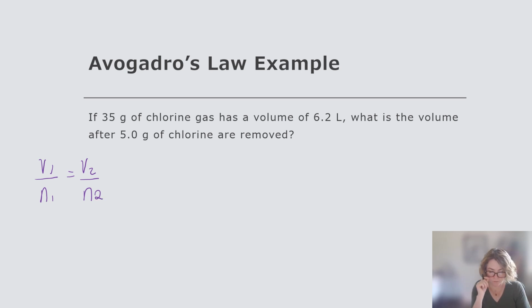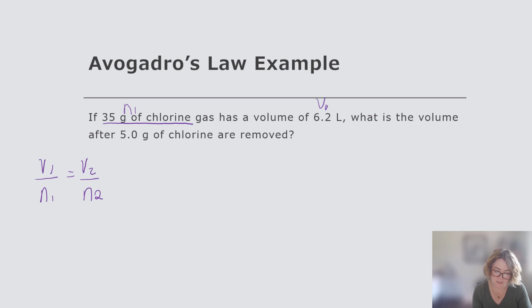I've been given that I have 35 grams of chlorine gas. Now we've worked with moles a lot this semester, so I know that if I have a mass, I can find the moles using molar mass. So essentially, this information is going to give me my initial moles.